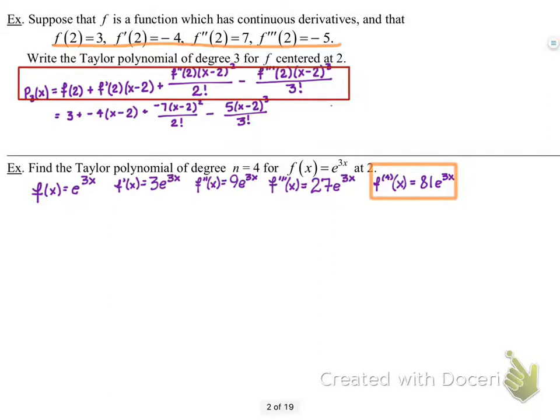If you go farther than the third derivative, you put that tiny little superscript. It looks like an exponent, but it's in parentheses. So if you get to the AP exam and you need to talk about something crazy like the fourth derivative, that's how you write about it.